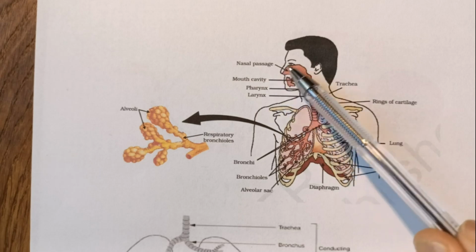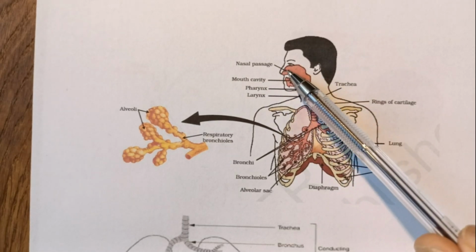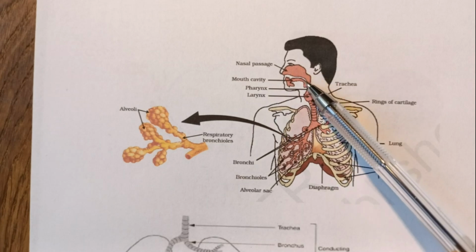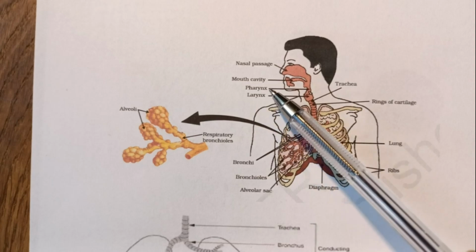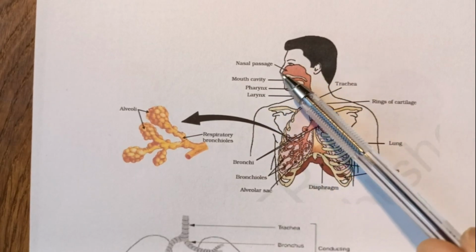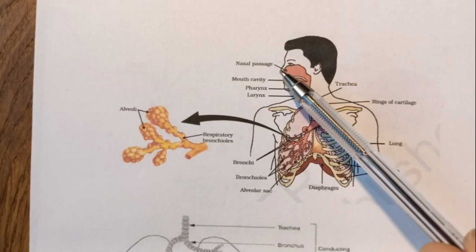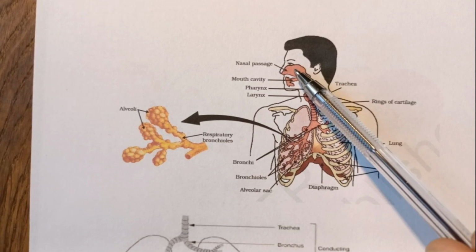They are filtered out, so they don't pass in. What happens if they pass in? If they come here in the nose, you will have a sneeze. If they come up to the throat, you will have a cough, in an attempt to throw out that foreign particle, dust particle, or insects or anything that tries to pass into the airways through the nostrils.